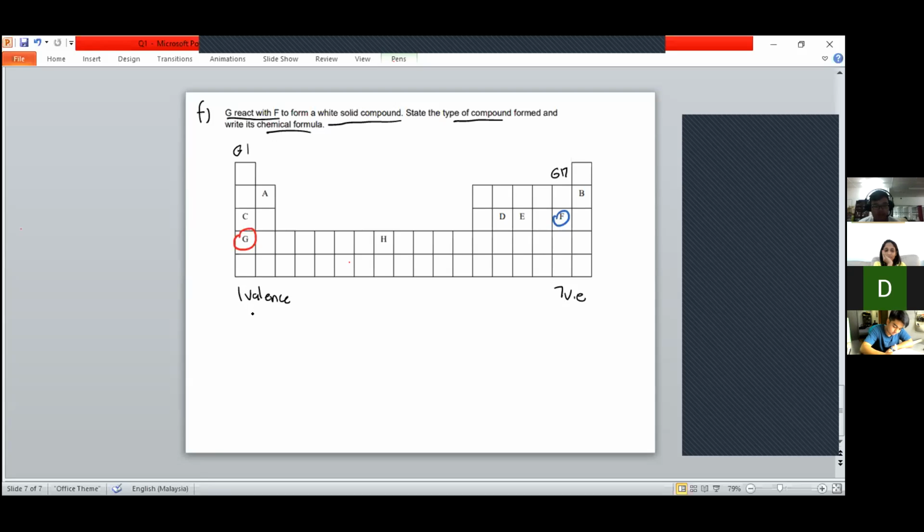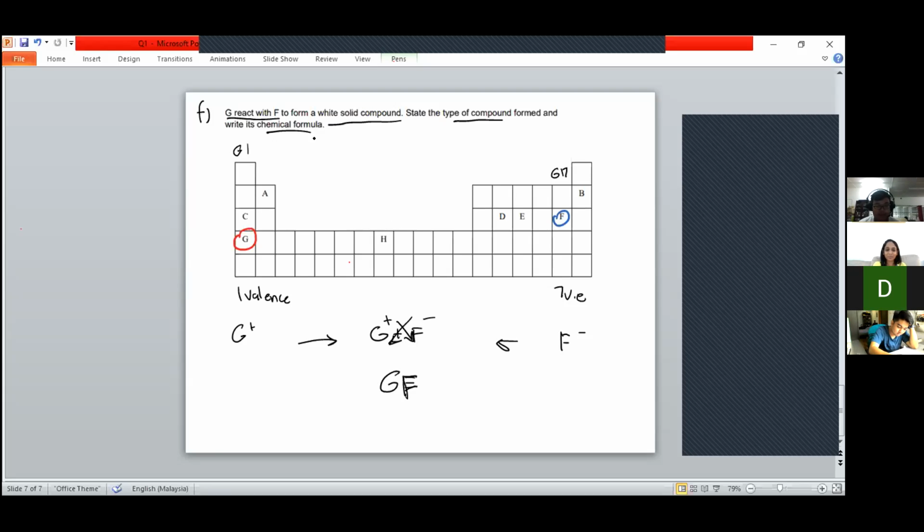So the charge of G would be 1 plus and the charge for F would be 1 minus. Usually you would trade amongst the numbers, but in this case it's not necessary since their charges practically cancel each other. So what you would get is GF.